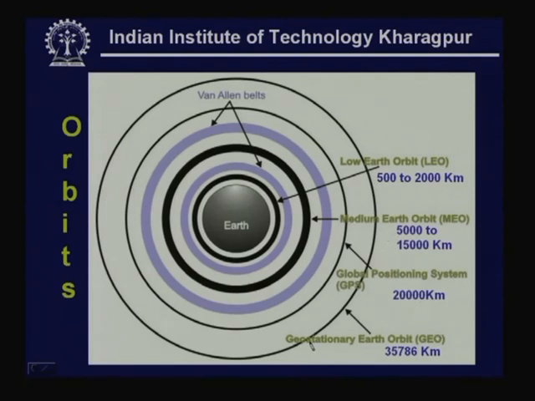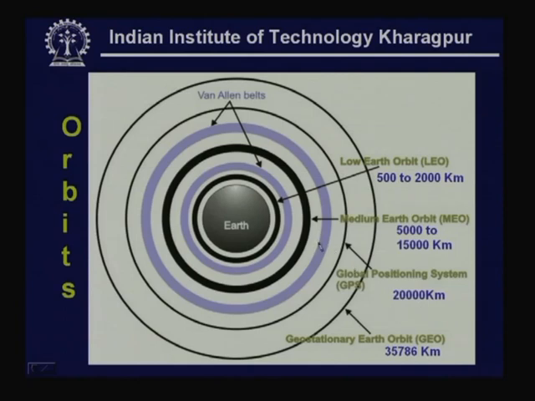And there is a third orbit which is known as geostationary earth orbit, GEO. That is at the precise distance of 35,786 kilometer. So, these are the three popular orbits which are used for placing satellites. However, there is another one in between MEO and the geostationary orbits, that is your GPS, Global Positioning System, another constellation of satellites which are placed at a distance of 20,000 kilometers.